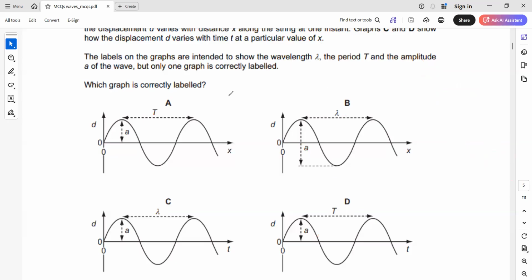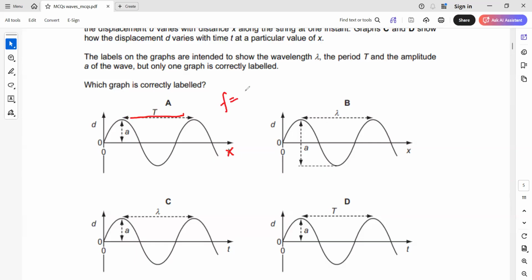From the graph, yes, we can find the wavelength. If this was a time scale, by this measurement we cannot find the wavelength. That will be wrong. Then how can we find the wavelength? There's another method: using this time scale, I will find the time period.